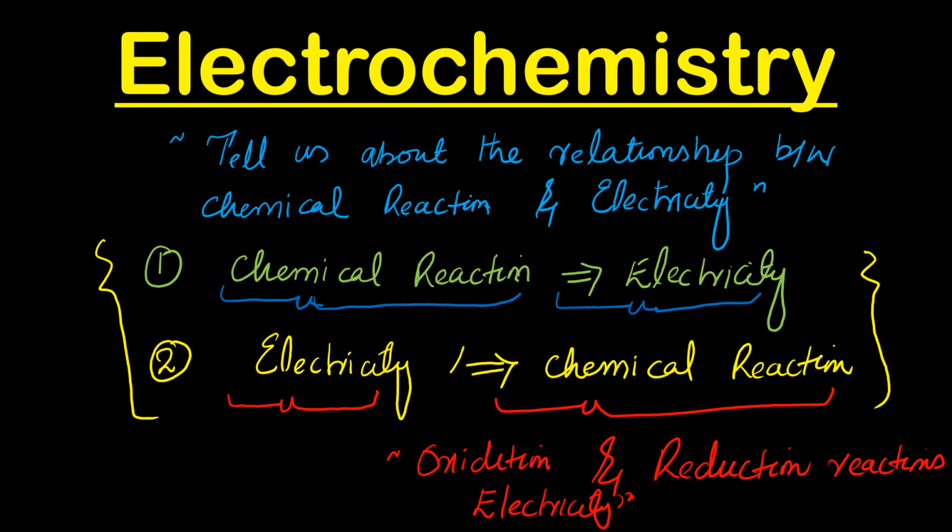And in the second way, we study electrochemistry by applying an external potential on a chemical, and certain types of chemical reactions are caused in the chemical due to the electric potential, and they generate electricity. So these are the two ways of studying electrochemistry.